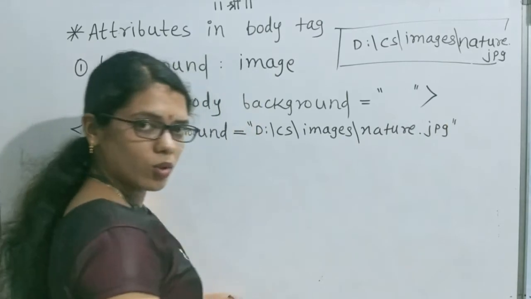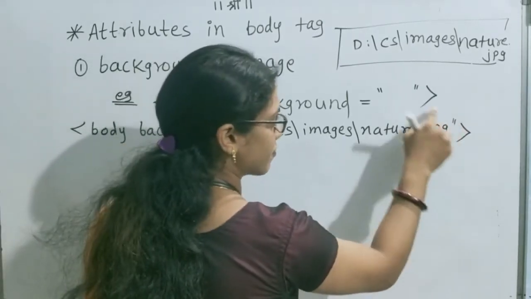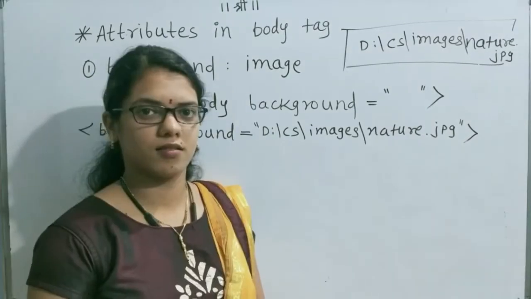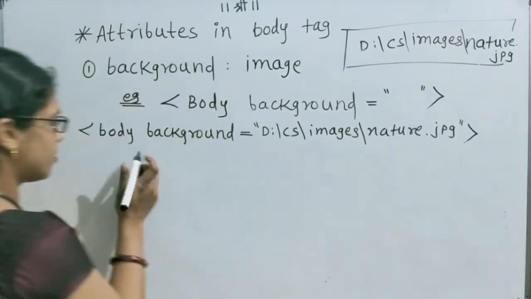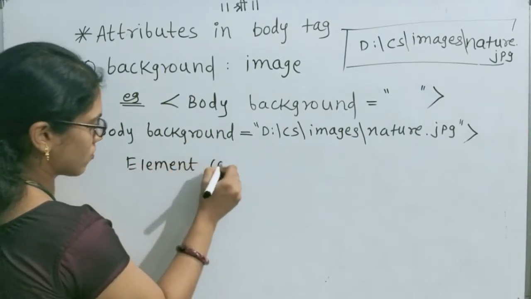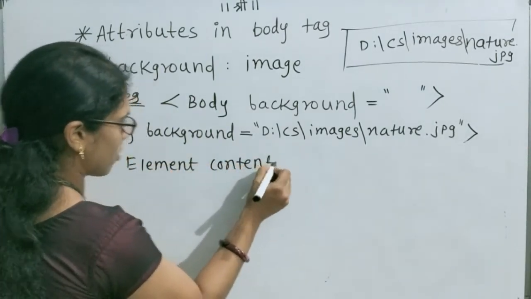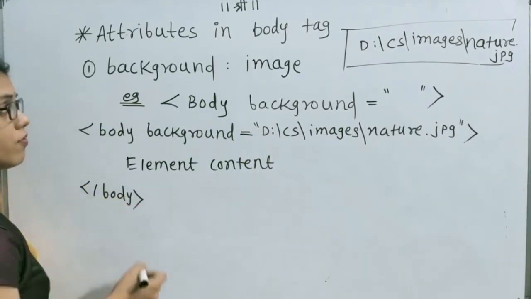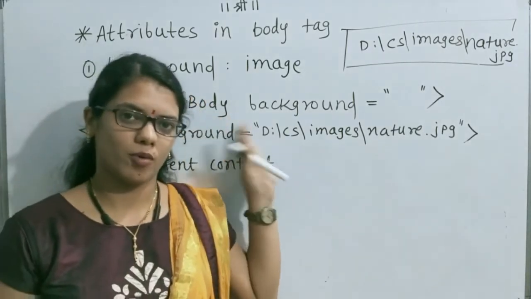Finally double quotes are completed and the angle bracket of the start tag is completed. Then some element content, and finally the body tag is closed. This is the first attribute of the body tag.